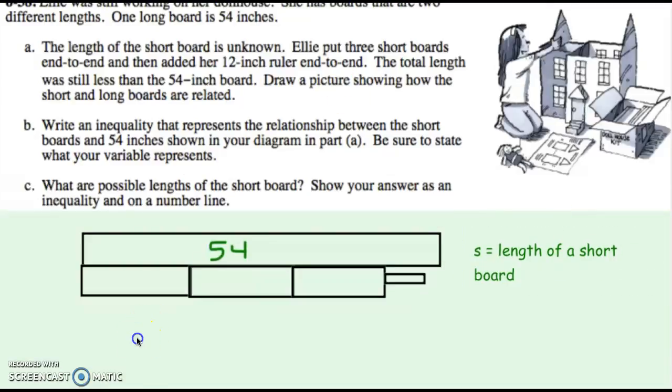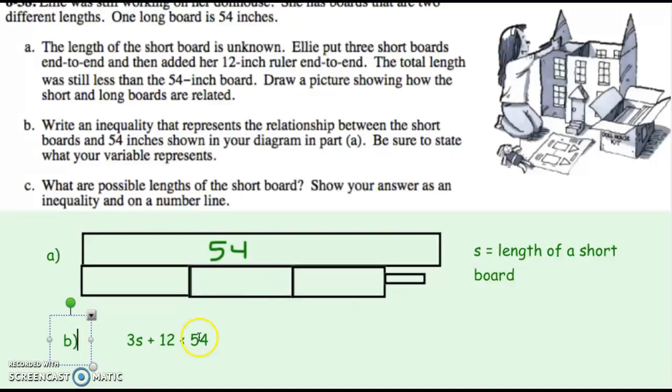So now I need to make an inequality. For this one I know that 3 short boards would be 3 times S, plus 12 is still less than 54. So that would be the way I'd write an inequality to show the relationship between my short boards and my long boards.